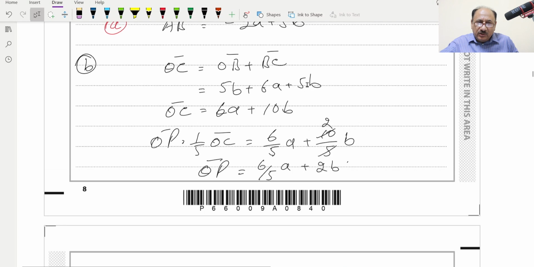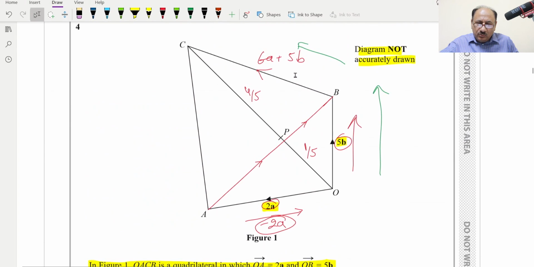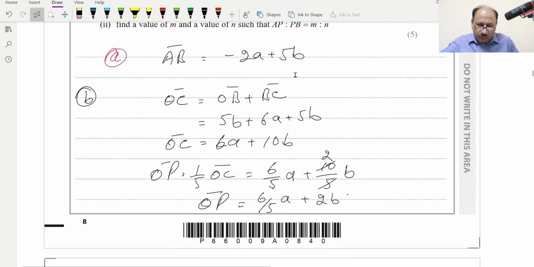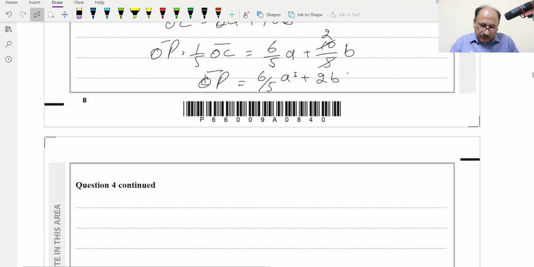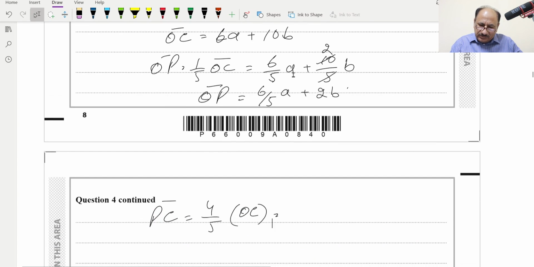So we got the OP value. Then we can find the PC value. PC is 4 by 5 of the OC value. So PC is equal to 4 by 5 of OC, where OC is 6a plus 10b.